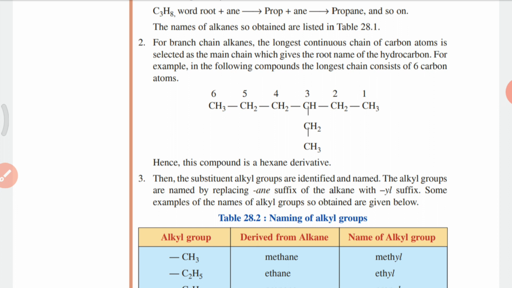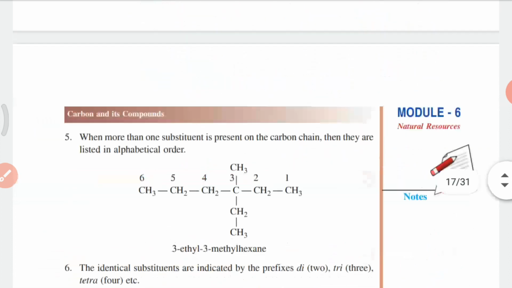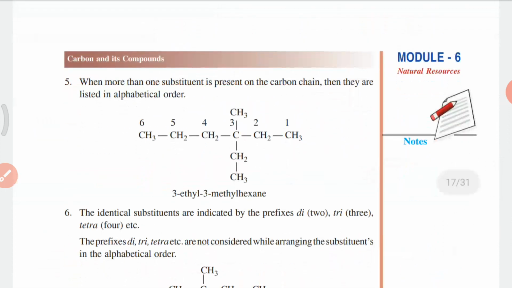It is attached to the third carbon atom, so it is 3-ethyl. The main chain is 6, so it is 3-ethyl hexane. I think you are clear about this.